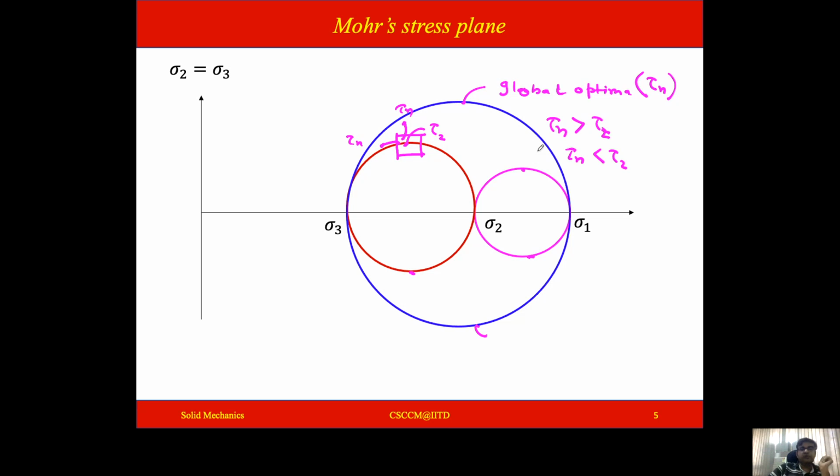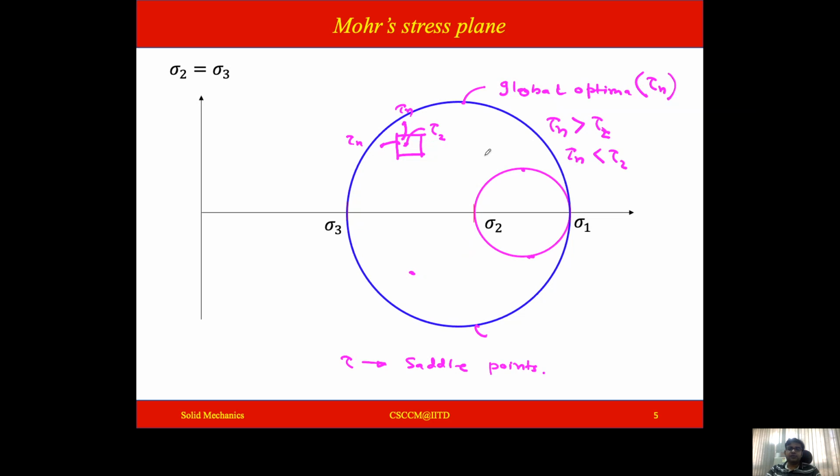Same logic for this point, all these tau are also saddle points. So even these tau are the saddle points. So there is a global optima and then there are saddle points. There is no local optima, at least from this Mohr's stress plane.